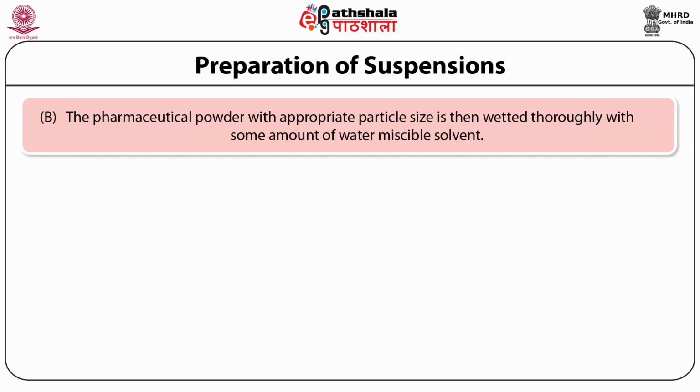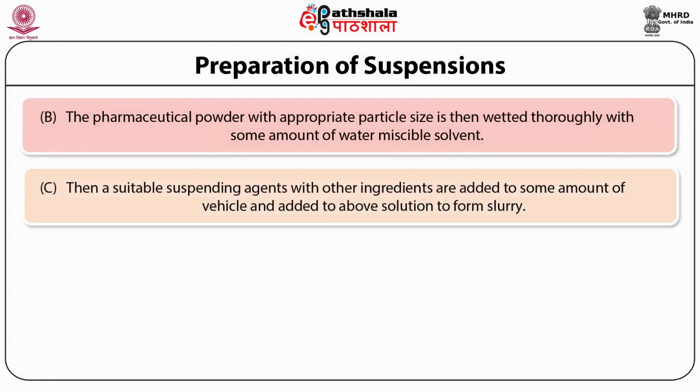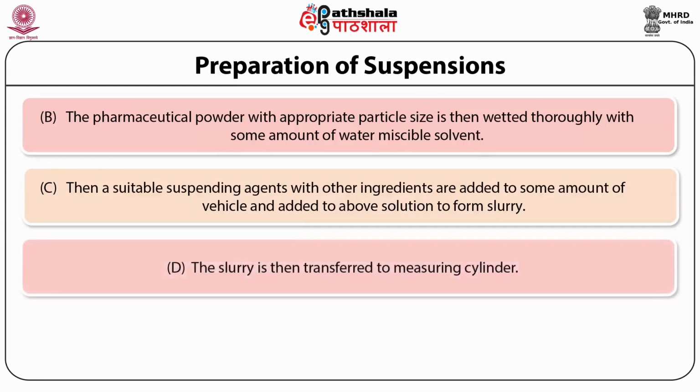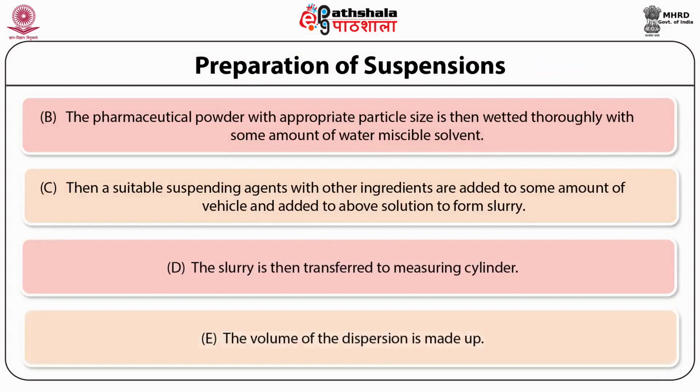The third step is that after wetting, a suitable suspending agent with other ingredients is added to a vehicle and added to the above solution to form a slurry. The slurry is then transferred to a measuring cylinder and the volume of the dispersion made up.